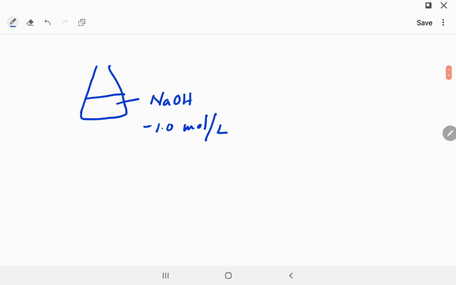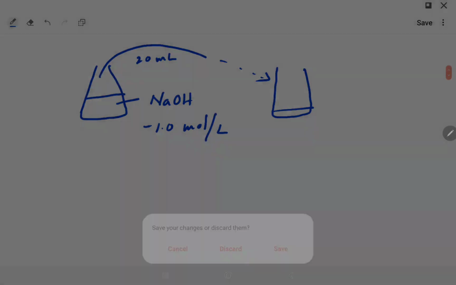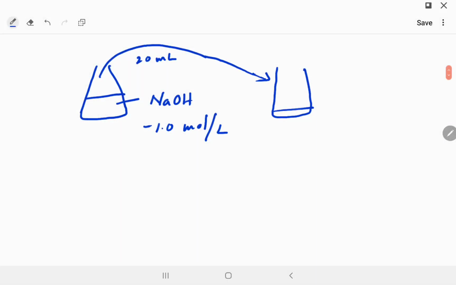What you do is you take a small amount, let's say 20 milliliters, and you put it in a different glassware, and then you make it up to 100 milliliters. So the final volume is 100 milliliters. You transfer 20 milliliters into 100 milliliters.